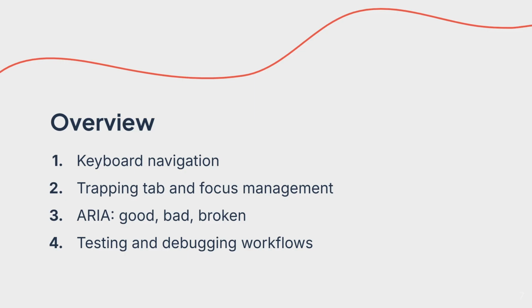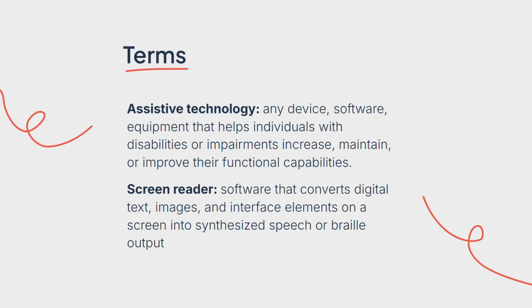I do a lot of hand gestures. It's just me, okay. We're going to look at keyboard navigation, trapping tab, and focus management. We're going to go into ARIA a bit and do some testing and debugging, and I'll probably run out of time.